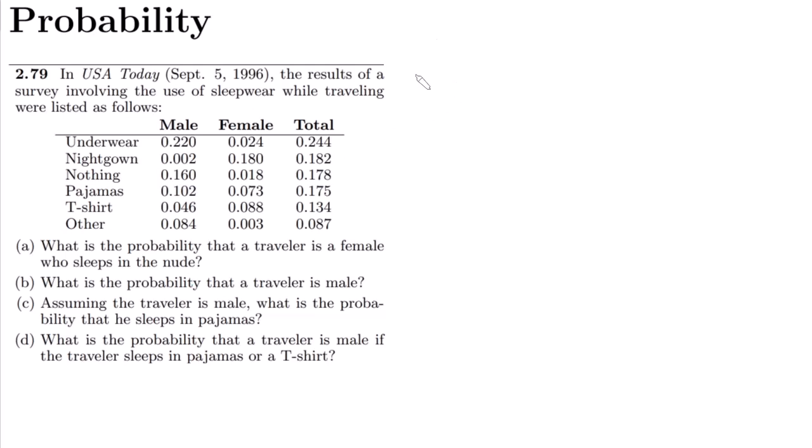Okay, so this is the solution, and the solution of part A is I have to find the probability that a female sleeps nude or in nothing. So in the table, let me search for them. The female column is this one, while the nothing row is this one.